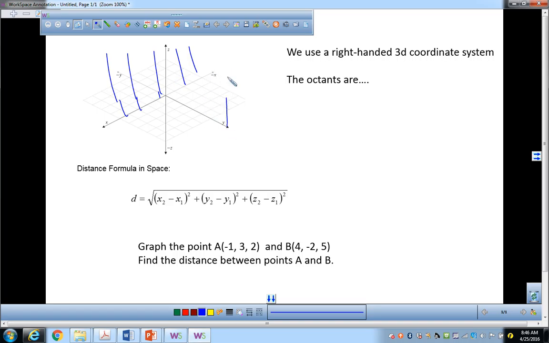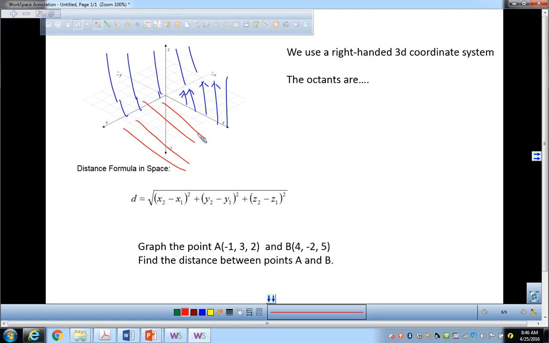If I were to draw all the points going straight up, kind of like that, this plane in here would be called the YZ plane. You understand that? Okay. And the other plane, the one on the ground, it can go forwards and backwards, this would be the XY plane. You get that?